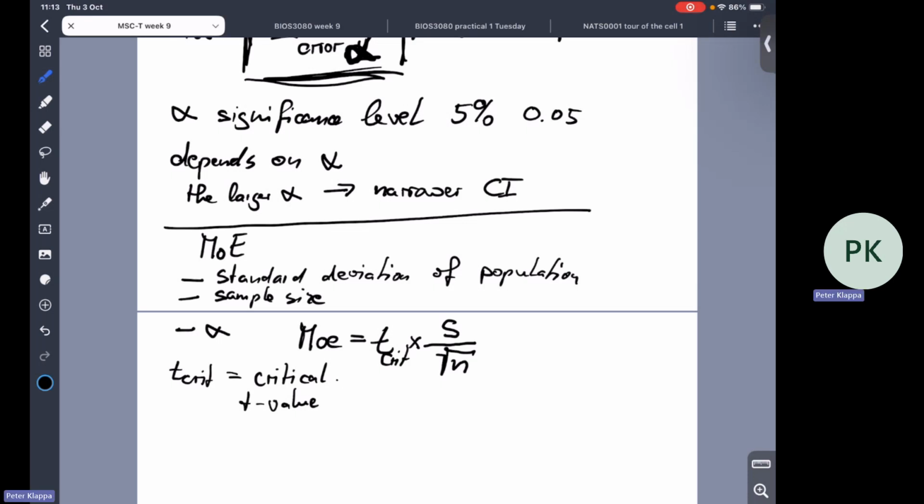This critical T value contains the value for alpha, depends on the value for alpha. It also depends on the sample size n, although not entirely true. It does not depend on n, it depends actually on what is known as the degrees of freedom.